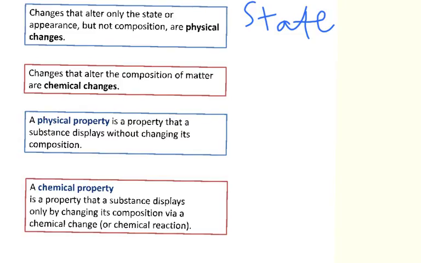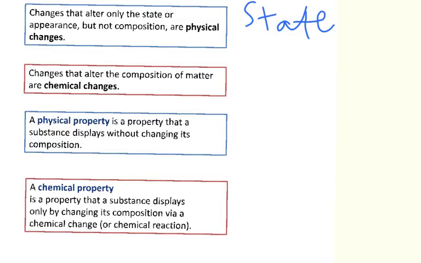In addition to physical changes, there are chemical changes. If something undergoes a chemical reaction and the composition of that substance changes, it's a chemical change. All matter can be described by both chemical properties and physical properties. Physical properties are ones that a particular substance has without changing its composition.